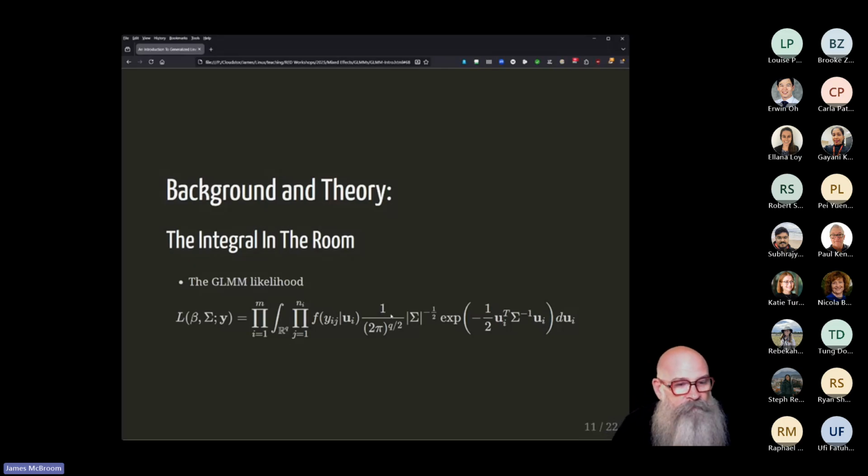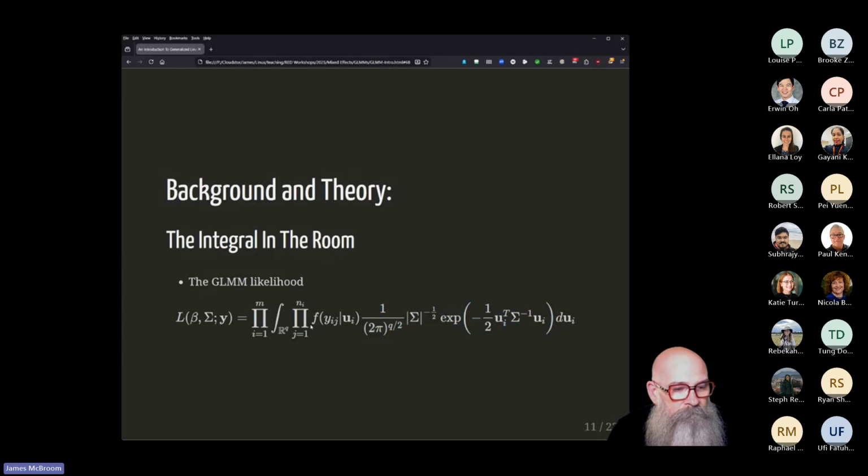Okay, this bit here, I don't know if I can highlight it, but this bit here is basically the probability distribution function of a multivariate normal distribution. So it's the distribution of the random effects that we assume. This sigma here is the covariance matrix of the random effects.